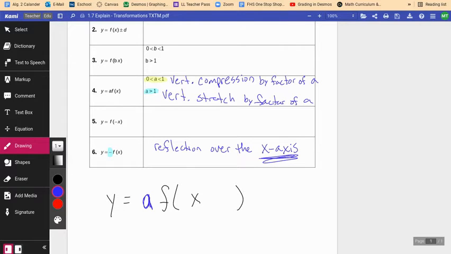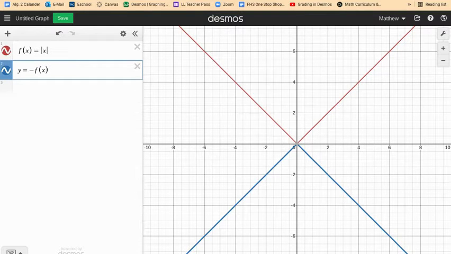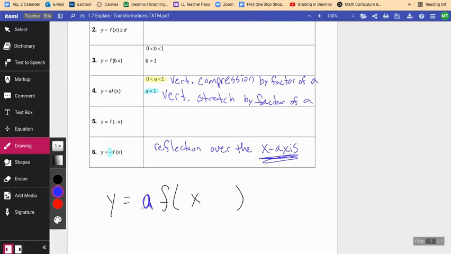If I come to Desmos and put a negative in front of the A value, now that's a reflection. The blue line is a reflection over the x-axis. So we have to know it's a reflection over the x-axis, and those are the three things this first number, the A value, does.